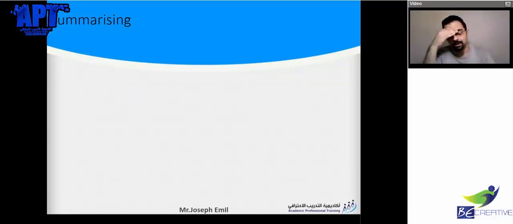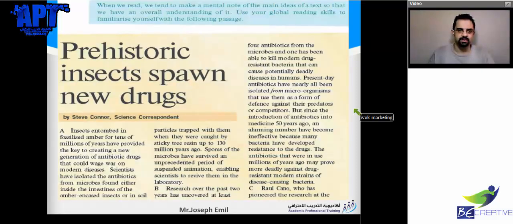Now we're talking about summarizing, not summarize. Let's take a look at this slide here. Of course, when we read, we make a mental note of the main ideas of a text, so that we have an overall understanding of it.